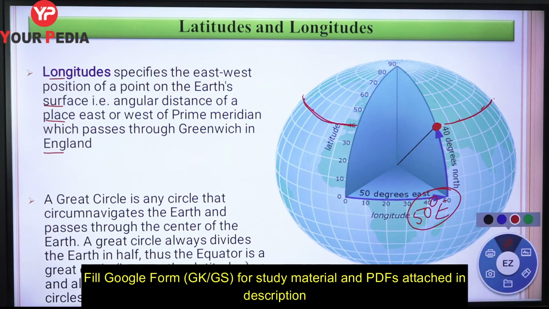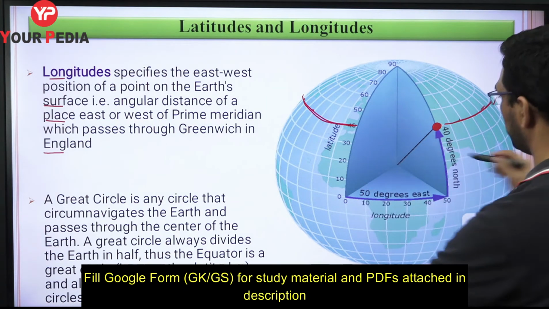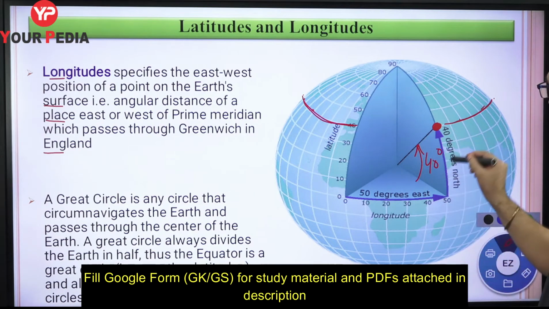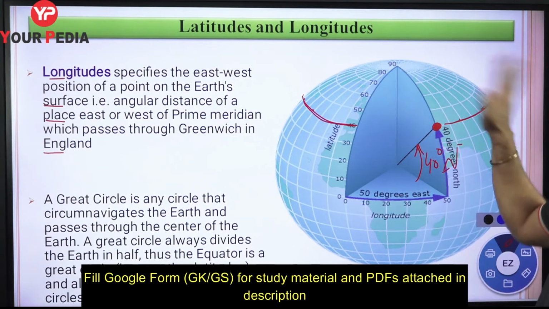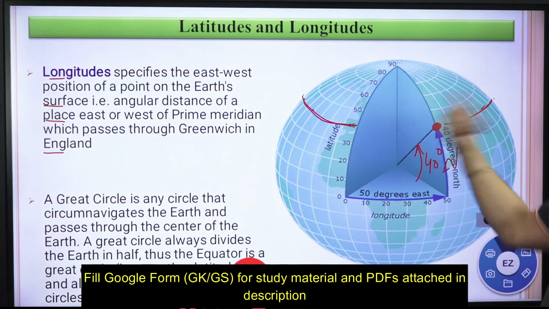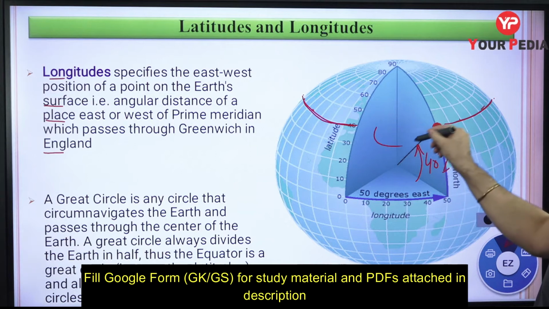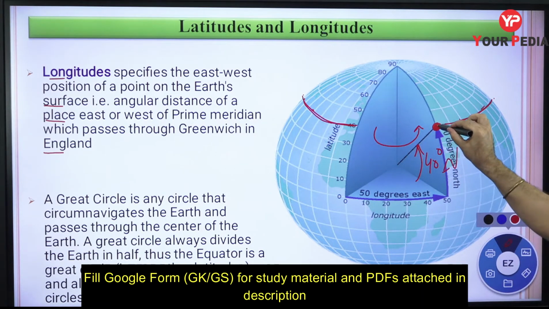Then obviously, you have told me that I am at an angular position of 40-degree north, and at the same time you have told me that you are at 50-degree east. So the north position you have told me. At the same time you also told me where you are towards the east, that is, the angular position of this plane and this plane.